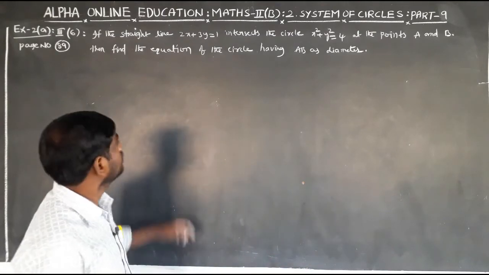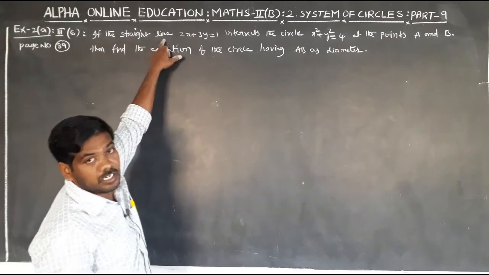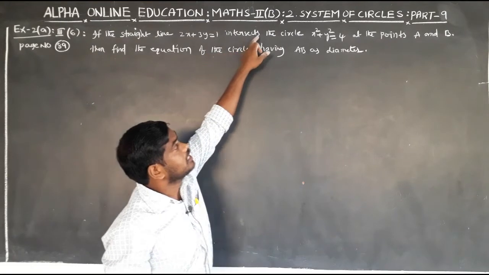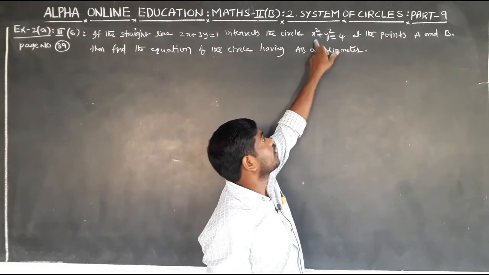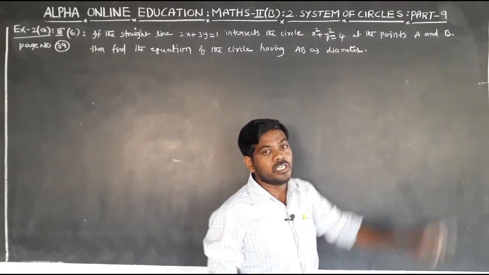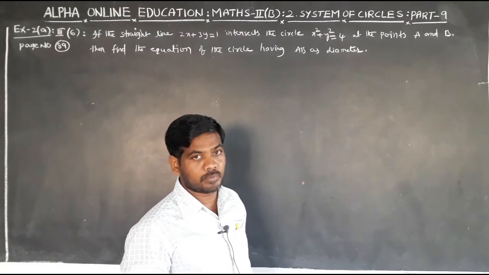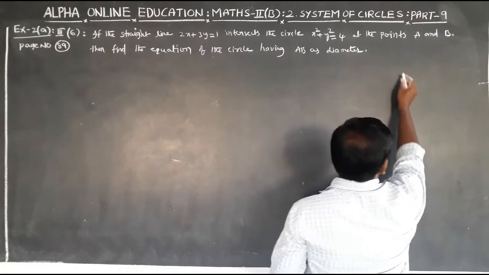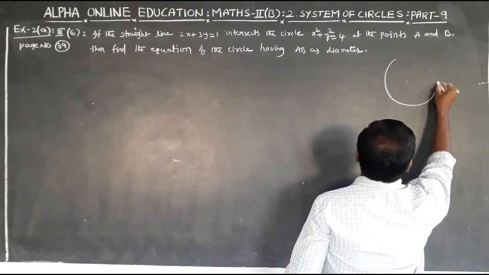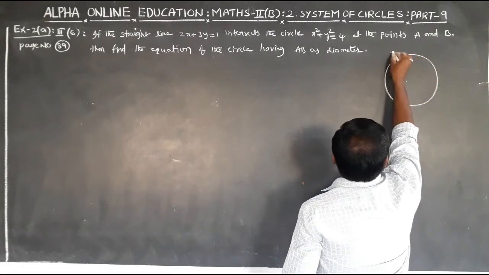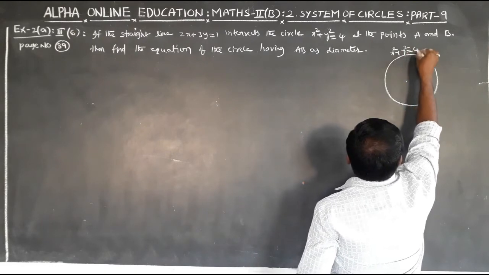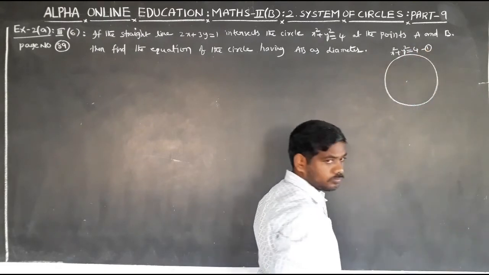Once again, if the straight line 2x plus 3y is equal to 1 intersects the circle x square plus y square is equal to 4 at the points capital A and capital B. Here, this is the equation of the circle, x square plus y square is equal to 4.